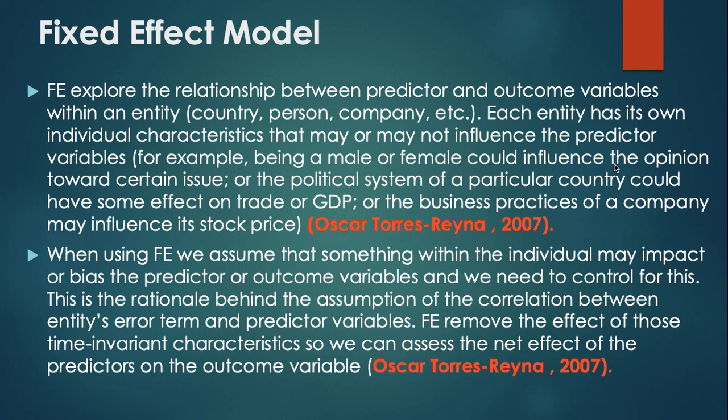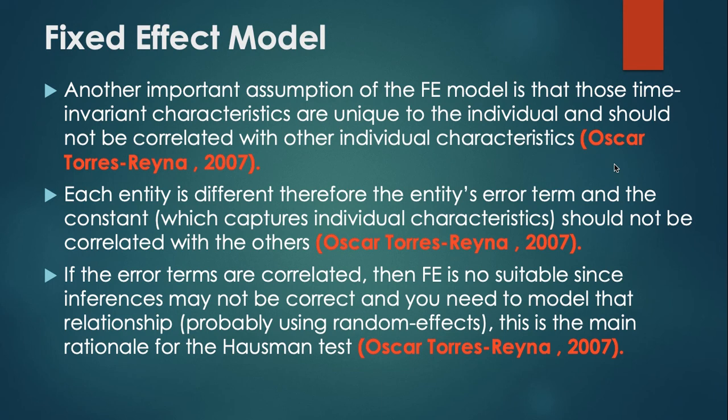This is the rationale behind the assumption of correlation between the entity's error term and predictor variables. So the fixed effect removes the effect of those time invariant characteristics, so we can assess the net effect of the predictors on the outcome variable. And another important assumption of the fixed effect model is that those time invariant characteristics are unique to the individual and should not be correlated with other individual characteristics.